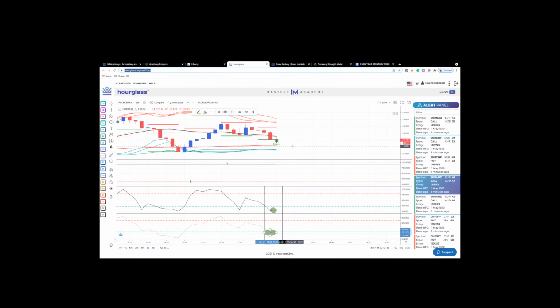It says you can't access the scanner right now. Your account is logged into the site from another device, but there's no one here. I think it was doing that to me earlier. If I have Hourglass and Liberty open at the same time, it would kick me out. Yeah, I have it all closed out. Might just need to refresh it.